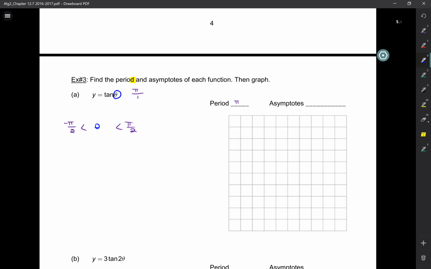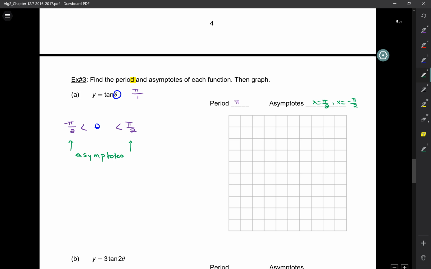Now in this case, theta already is alone, so where are my asymptotes? These are my asymptotes. So I say x is pi over 2, x is negative pi over 2.